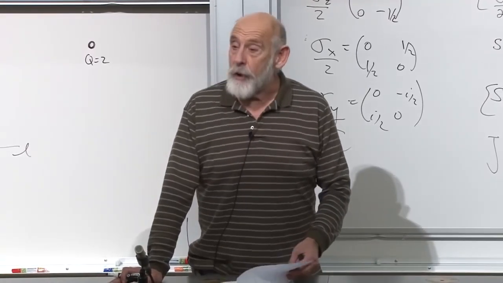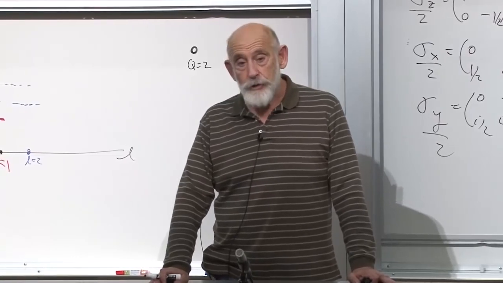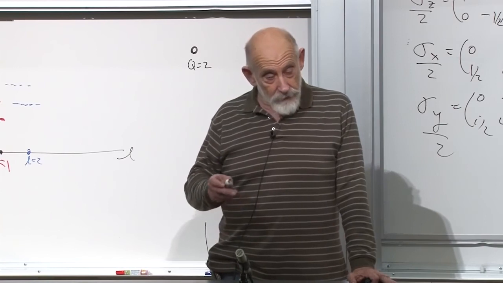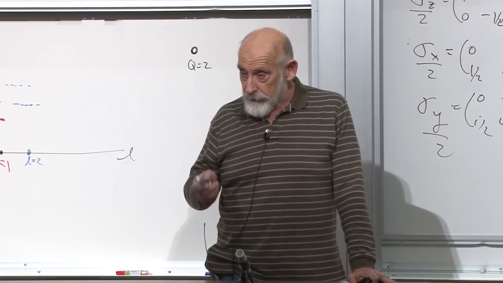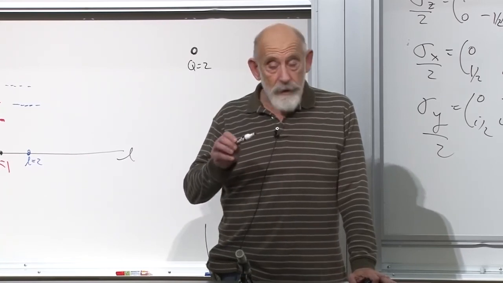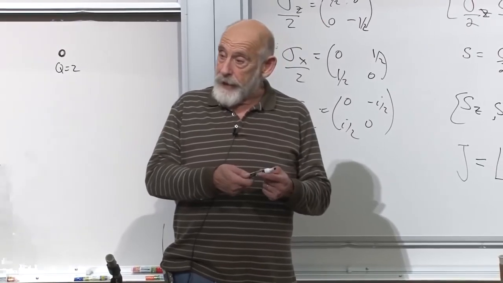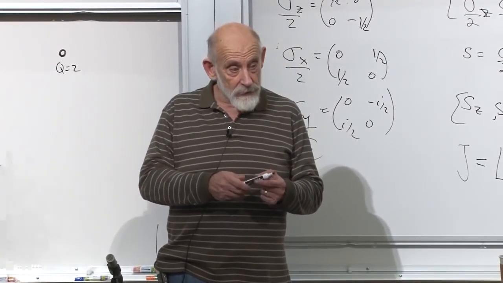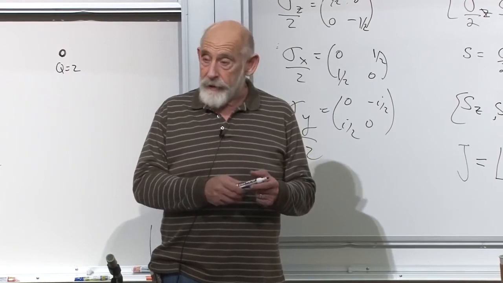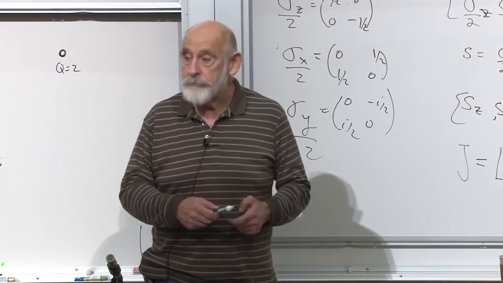And the fact that it really was angular momentum could be checked by putting the atom in a magnetic field. If the electron's additional degree of freedom was really angular momentum, that would mean that since the electron is charged, the electron would be behaving like a little magnet, like an electromagnet, a current going around in a loop.